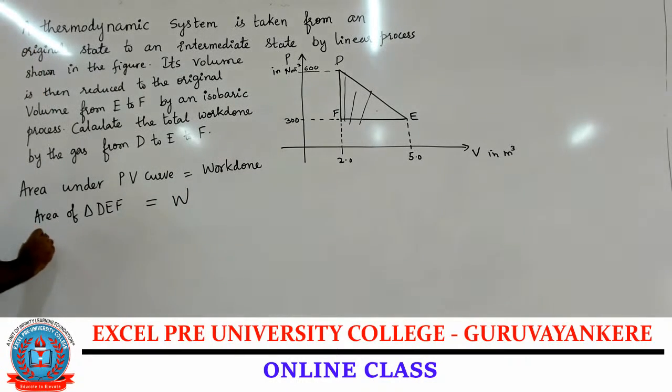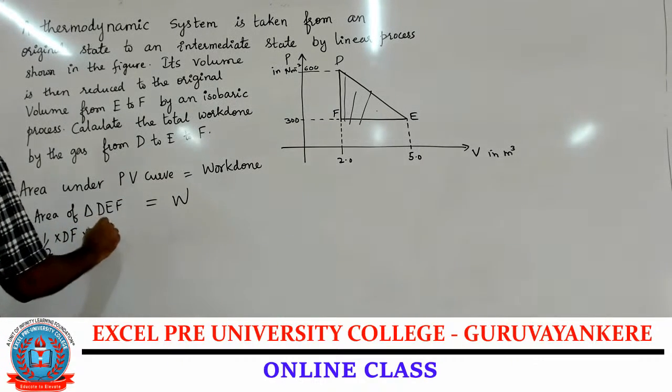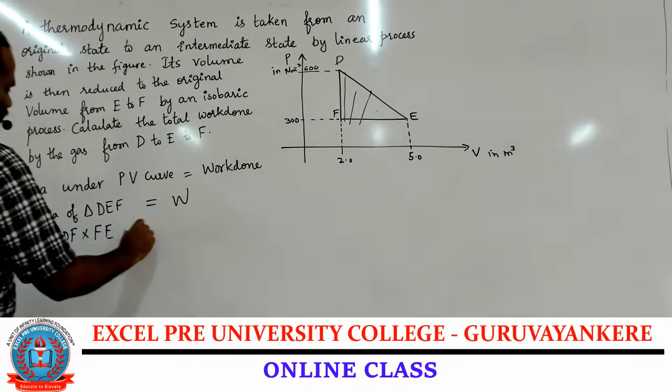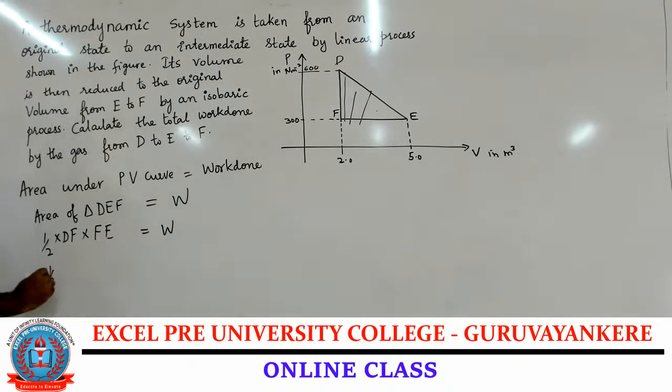So that is triangle, no, half. Then the height is DF. Breadth is FE. So half into, what is DF? DF is 600 minus 300.